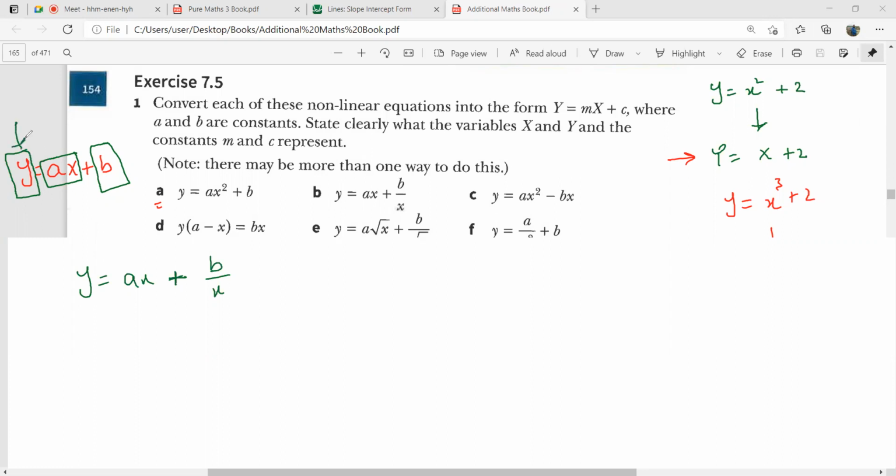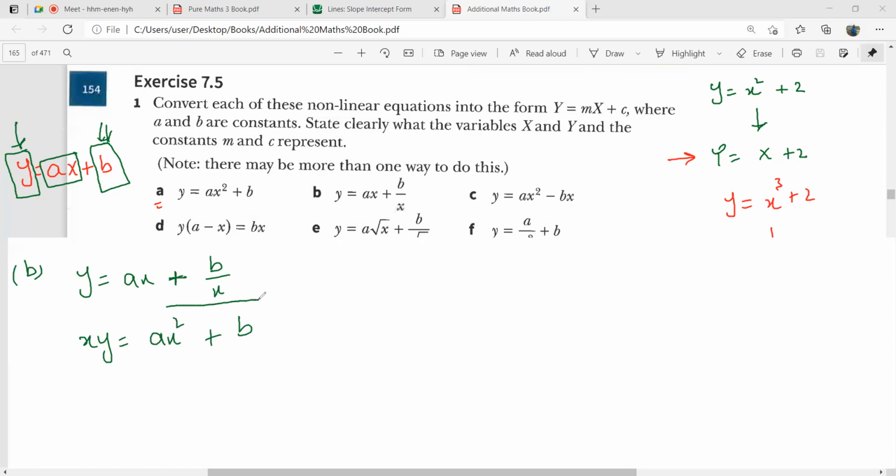One purely variable, another purely constant, and a third, a combination, a product or a quotient of a variable and a constant. Now look at this b part. The problem is that all these three terms have a variable with them. So suppose you multiply with x, this will become xy equals ax square plus b.